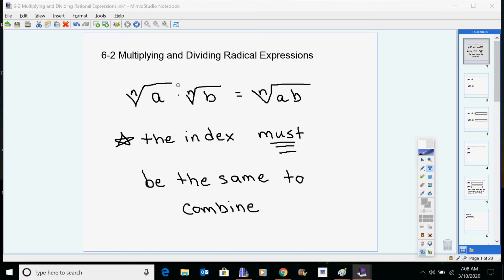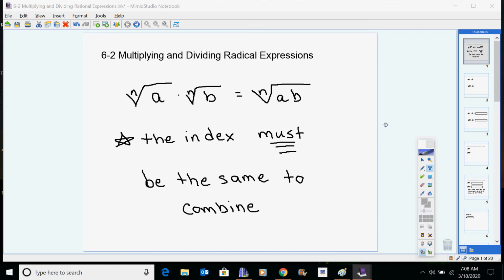So as long as your index is the same number, it's okay to take your radical and combine the things that are under two different ones and put them together.